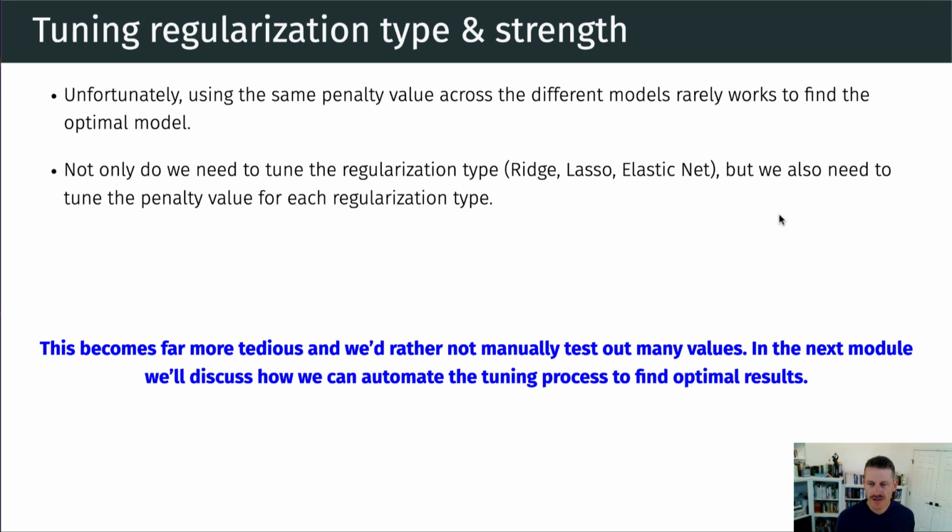So it requires us to test out a whole bunch of different combinations of these. Larger values maybe with ridge, smaller values maybe with the lasso, somewhere in between with elastic net. And this can become very tedious and time consuming, but don't worry, in the next module we're going to see how we can automate this process to find which type of regularization performs best and with what size of a penalty parameter we want to use.